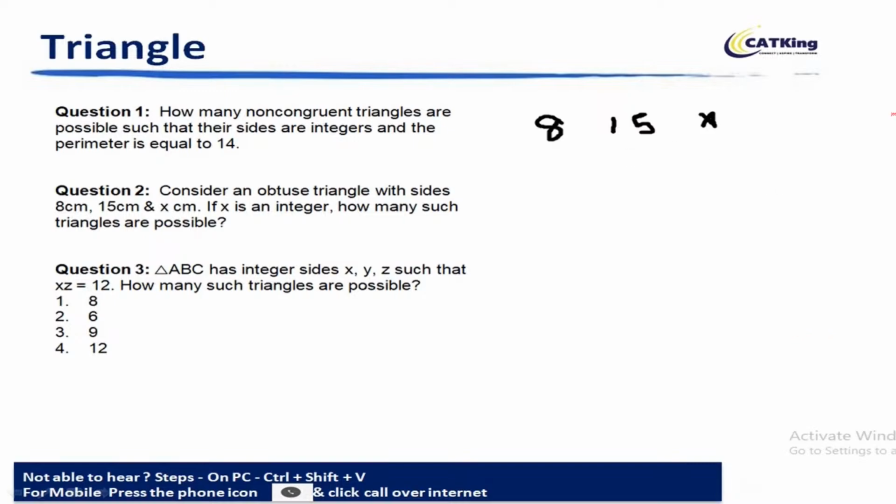For any triangle to be possible, there are certain properties that a triangle must follow, which is that the sum of two sides must be greater than the third side.